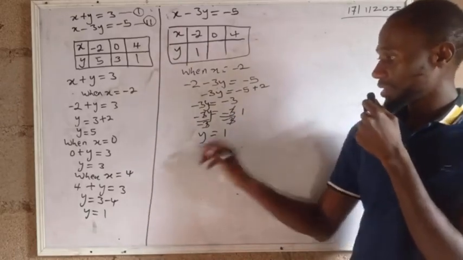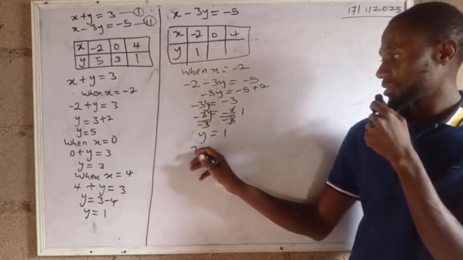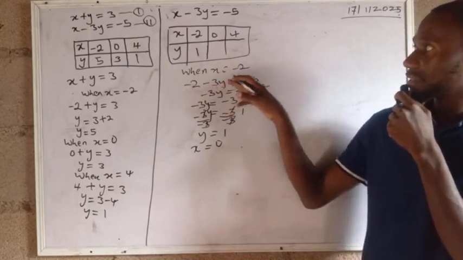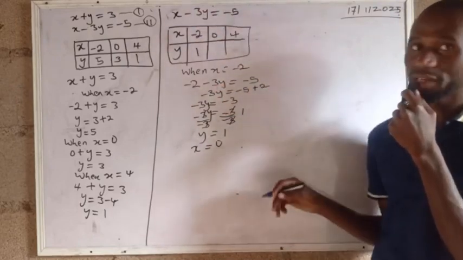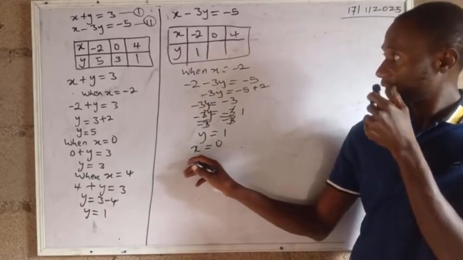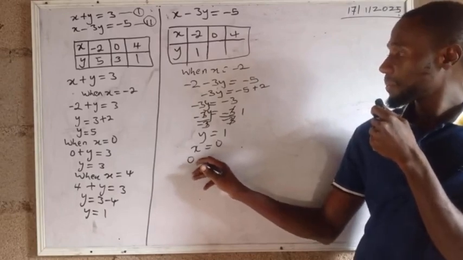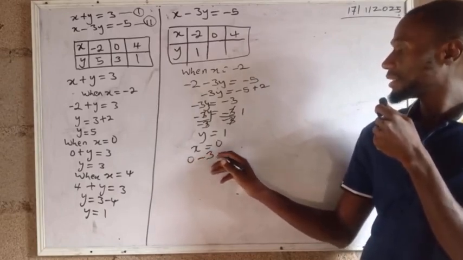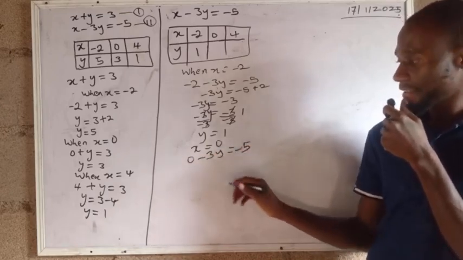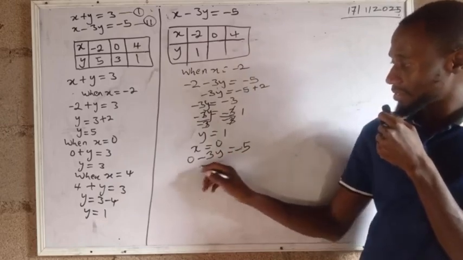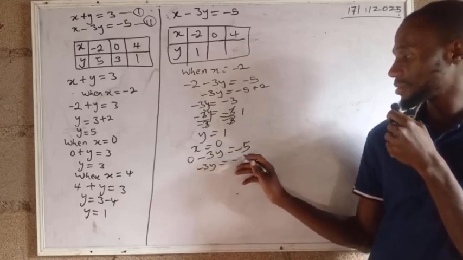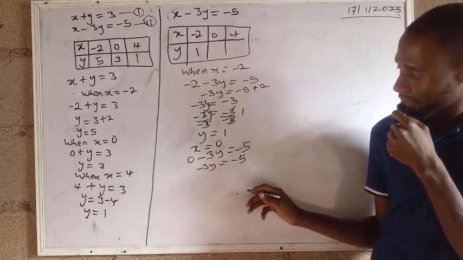I'm going to substitute again when x is 0. Substituting into the original equation, we have 0 minus 3y is equal to -5.